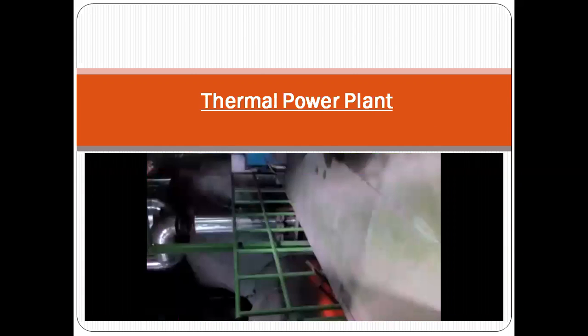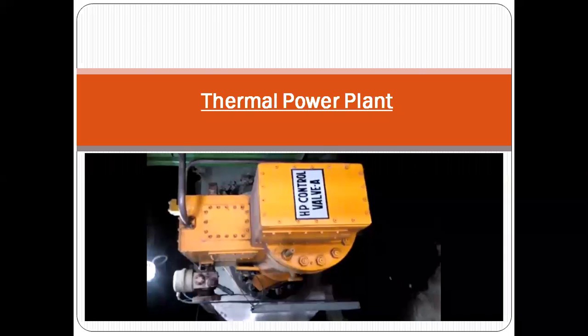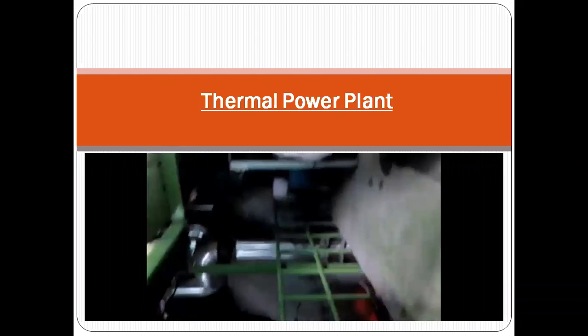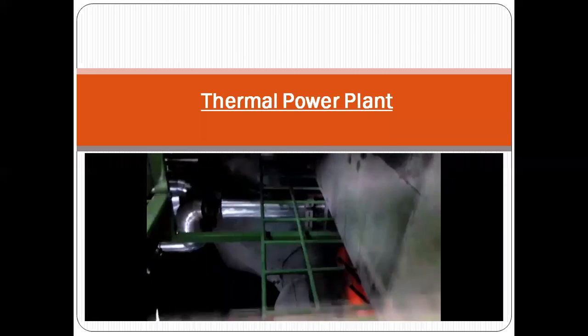See the blades of the turbine, inside there is a room. All the combustion processes will be carried on inside. You can see in red color there is a combustion process taking place.